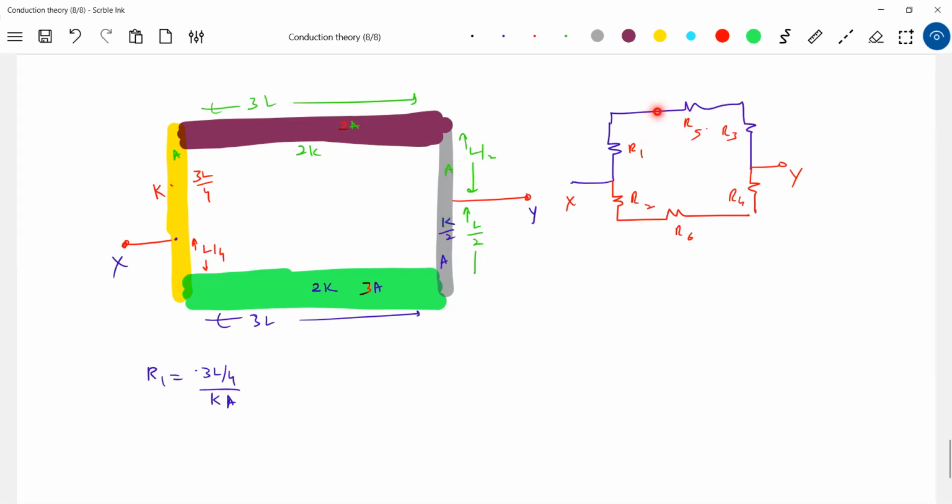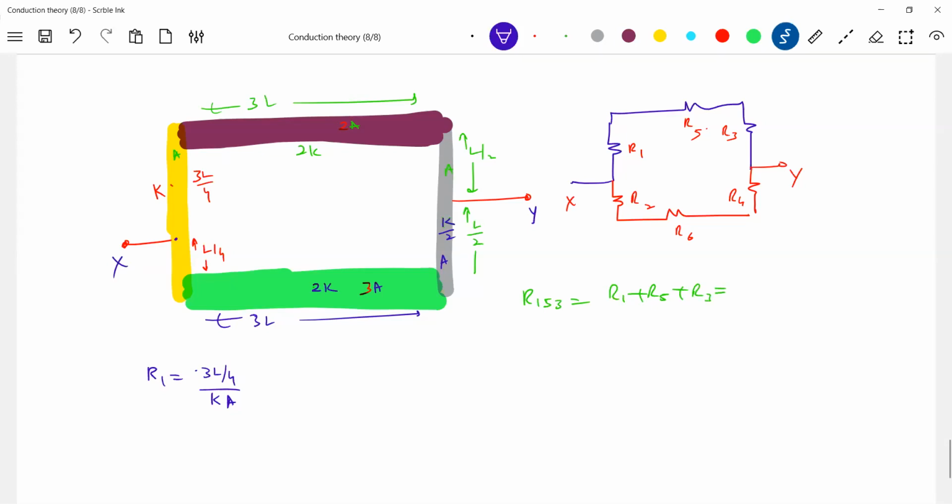So the heat will branch here. Therefore, this effective resistance will be in parallel with this one, and these three R1, R5, R3 are in series. So therefore, I should add them up. Let me go for the upper part, R153. So this will be R1, R5, R3.